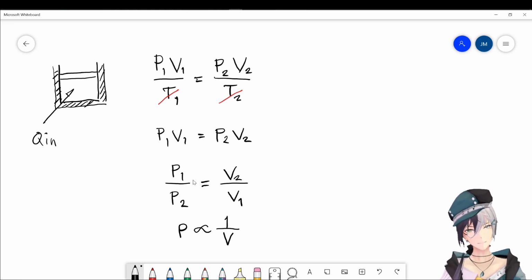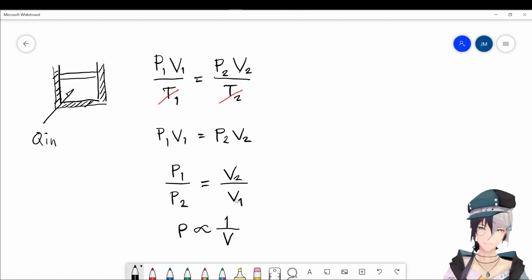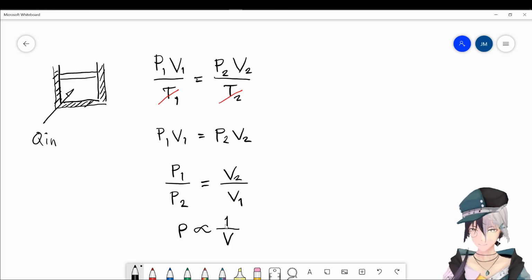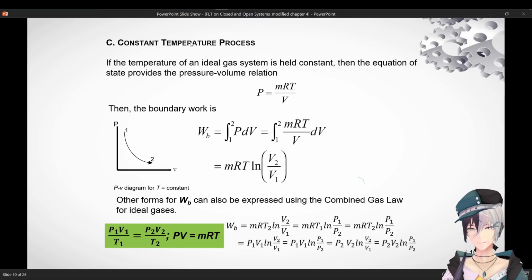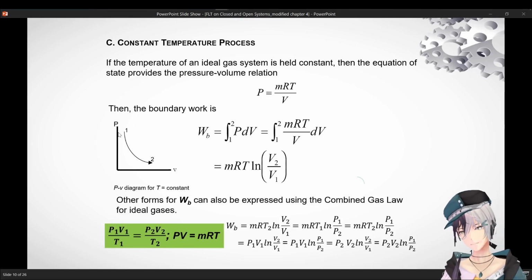So if there is an increase in pressure, what will happen to the volume? It will decrease. Okay, decrease in volume. So that's the relationship. So going back to our presentation, this is the diagram.